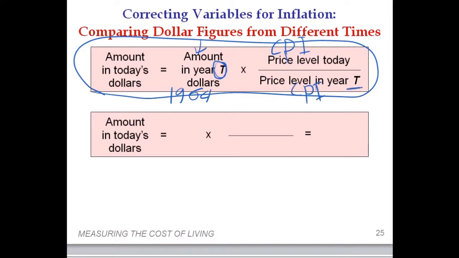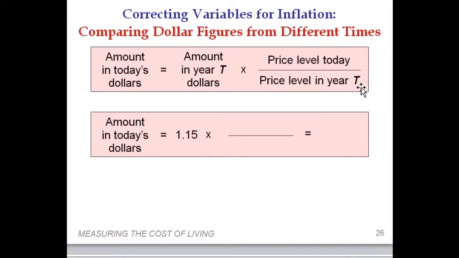By taking the data from the exercise and applying them to the formula, the amount for the year T is 1.15 multiplied by the CPI for the current year, which is 211.7, divided by the CPI for the year T, which is 31.3.